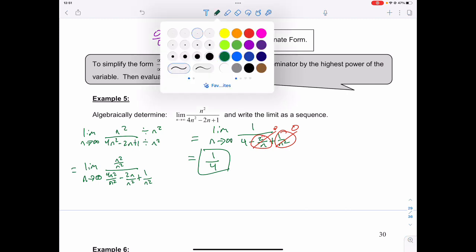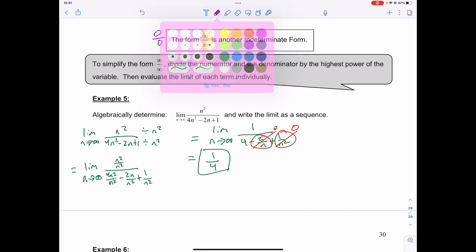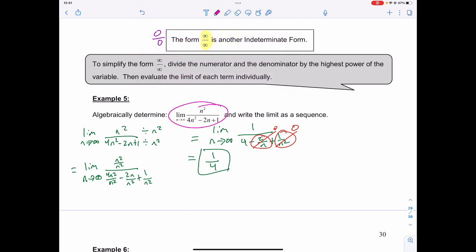If I'm solving the terms, then I would say that if this is my formula, then T1 is going to be 1 squared over 4 times 1 squared minus 2 times 1 plus 1, which is going to give me 1 over 3. I could sub in 2 for n to get T2, and that's going to give me 4 over 13.